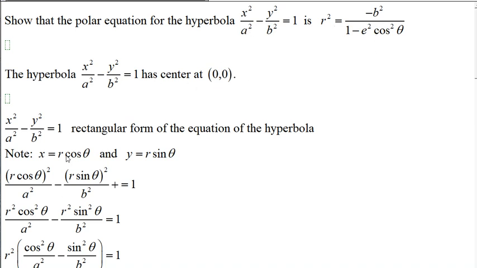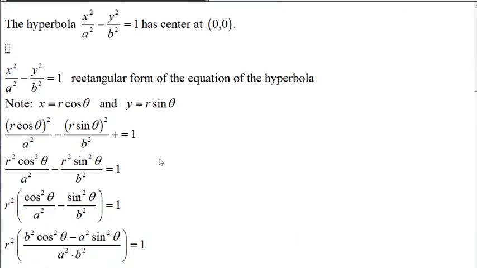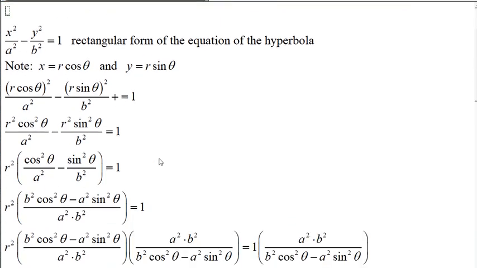And so we start with these formulas. Recall that the formulas relating the rectangular system and the polar system are x equal to r cosine theta, y equal to r sine theta. So x is r cosine theta, y is r sine theta.